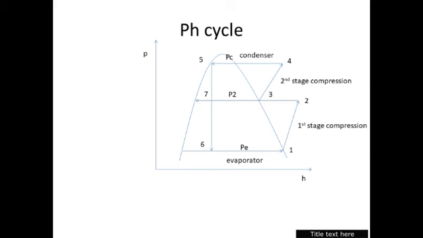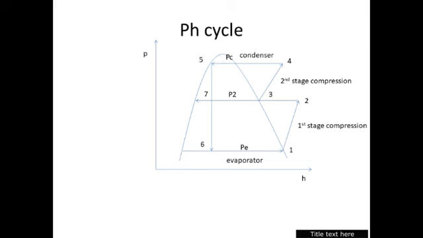Point 4 is again a superheated point, so it can be taken directly from the superheated steam table. Point 5 can also be calculated from the water table at h equal to hf.